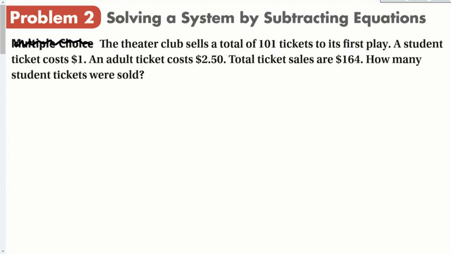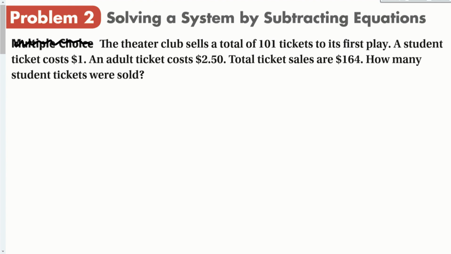So first, we got two variables. We got student tickets and adult, or how many student tickets and how many adult tickets. So my goal here is to solve for the number of student tickets.